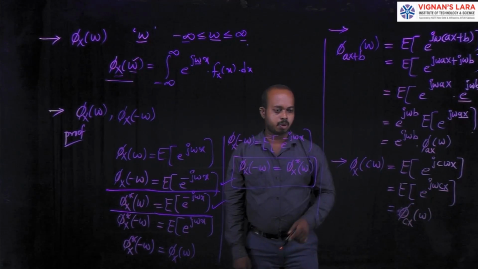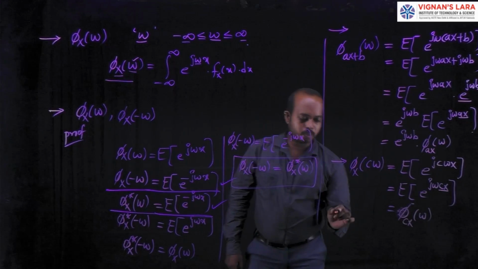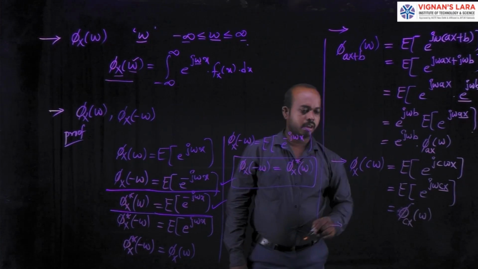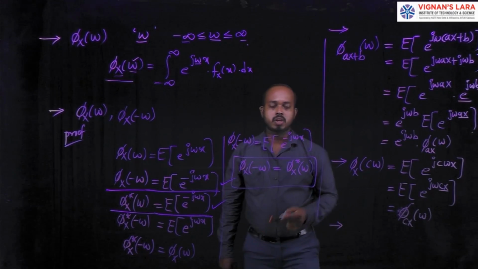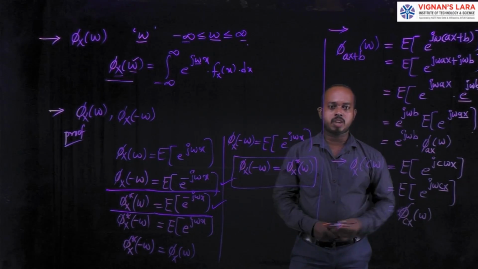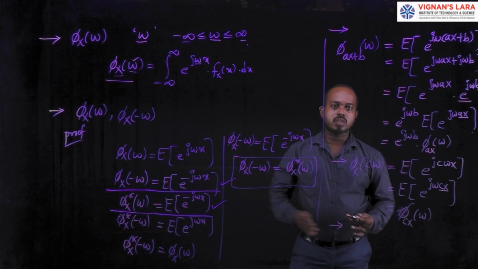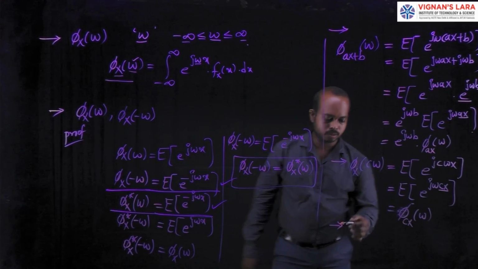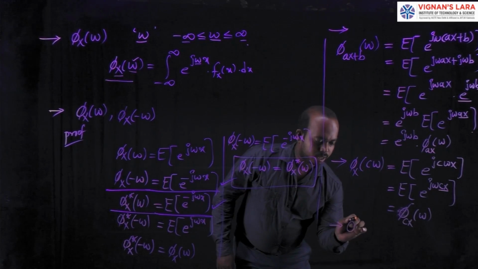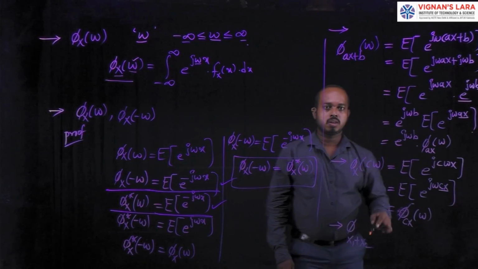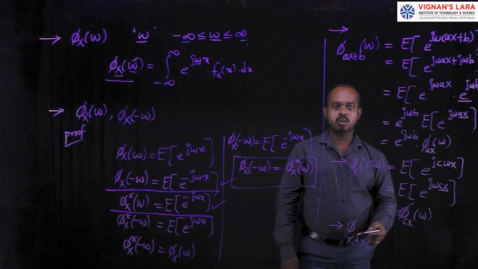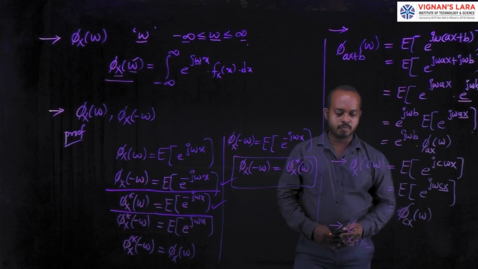This is another property. And the last property of the characteristic function is for independent random variables. You can consider two independent random variables. What is the relation we have in the characteristic function? Here I am writing the property φ of x1 plus x2, where x1 and x2 are independent random variables.